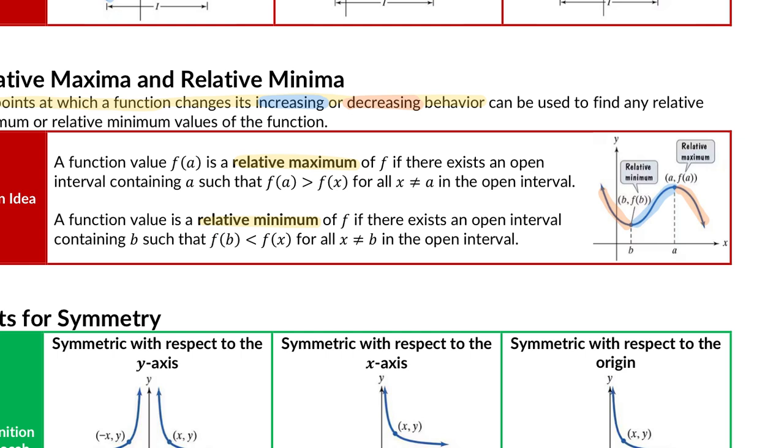There is a little note that I want to put here because I got this question a million times last year. Because of this word open interval, when you're answering questions about increasing and decreasing or maximums and minimums, you're always going to use parentheses on your intervals instead of brackets.